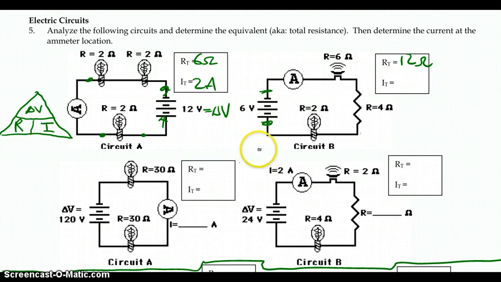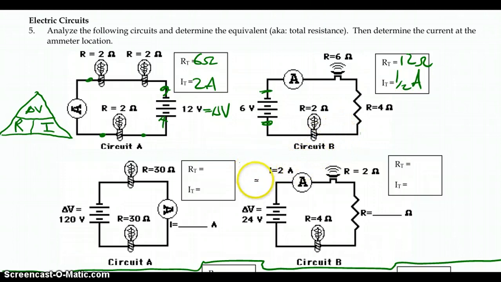And then the total current flow will be delta V, the potential difference, divided by the resistance. In this case, 6 divided by 12 gives us half of an ampere. Current's measured in amps, potential difference is measured in volts, and resistance is measured in ohms.